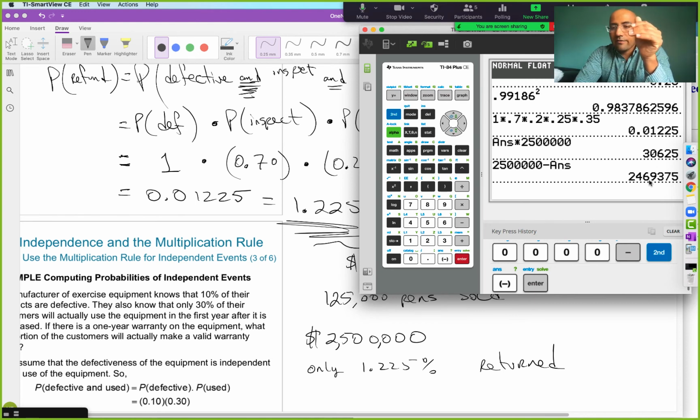So I have a bit of overhead to pay here, but I bet a lot of that money is still profit. So you can still turn this into a multi-million-dollar profitable business selling faulty pens.